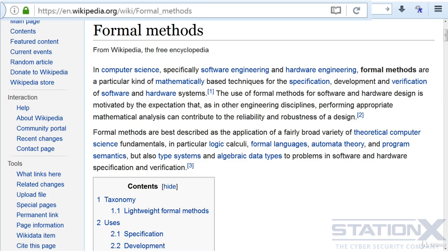This formal process was originally performed by human mathematicians, which was feasible on programs with 50 lines of code or so in the past, but with today's systems containing millions of lines, it's impossible for a human to do. But what has happened recently is that both algorithms to proof and the computer power have improved enough that computers can do the proofing for us.